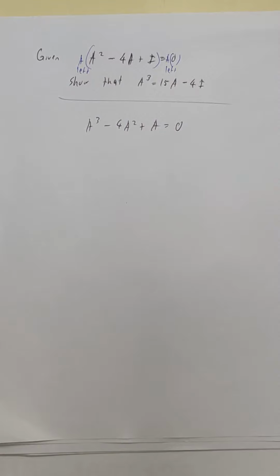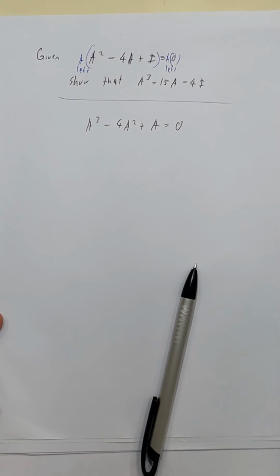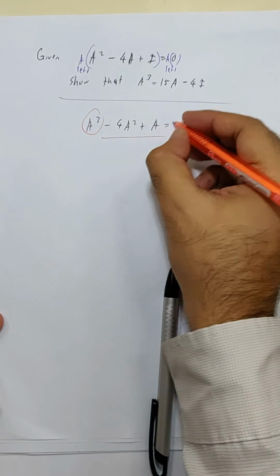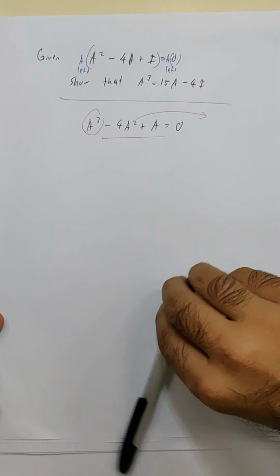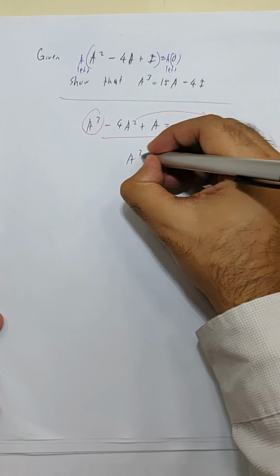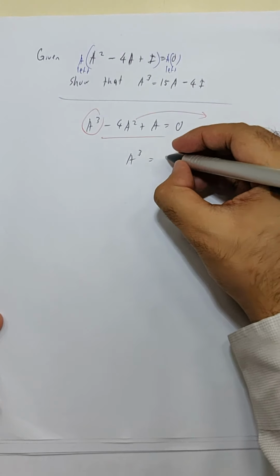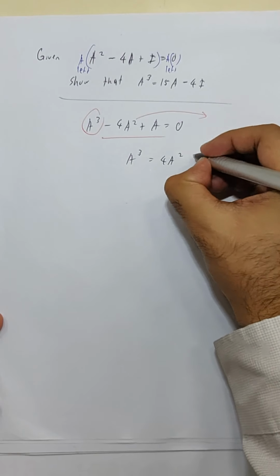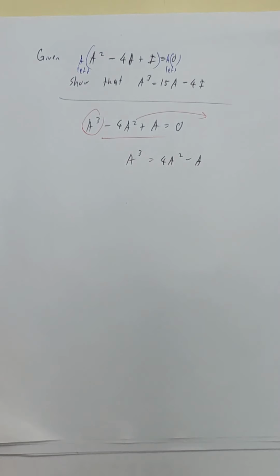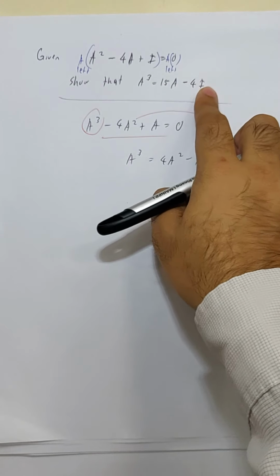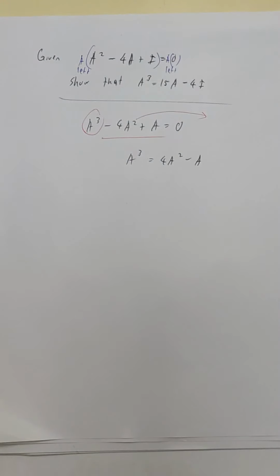So how do I find my A cube? See my A cube over here. I do not want this. Transfer them to the right side. A cube equals to 4A squared minus A. We found our A cube. Congratulations. But is it the same as this? It's not the same. What's our main difference?